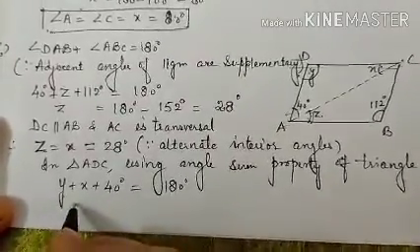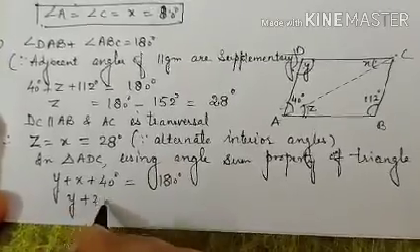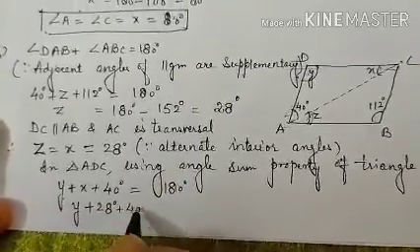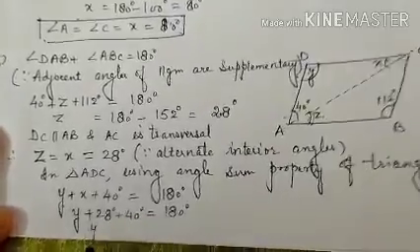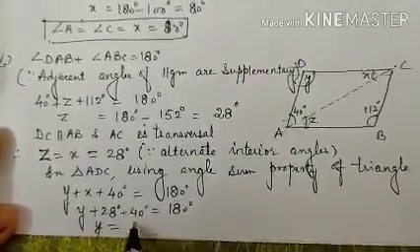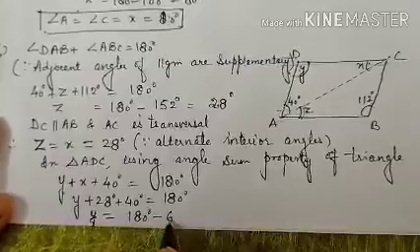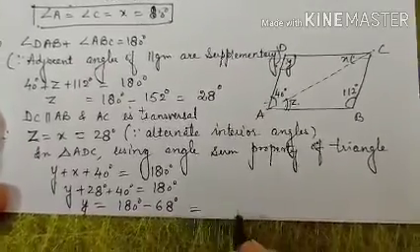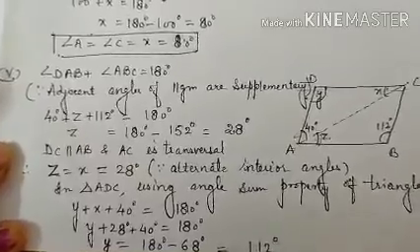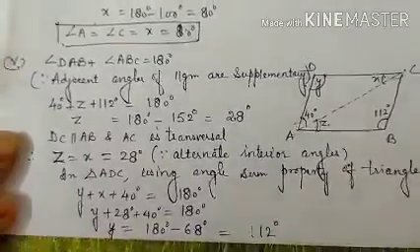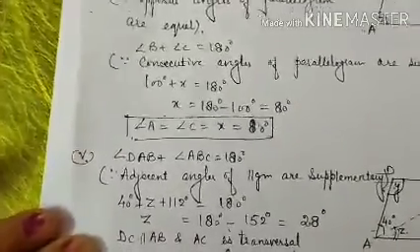X is 28 degrees. So Y plus 28 plus 40 is equal to 180. So Y equals 180 minus 68 degrees, that is 112 degrees.